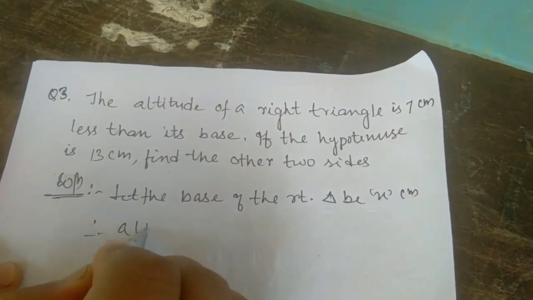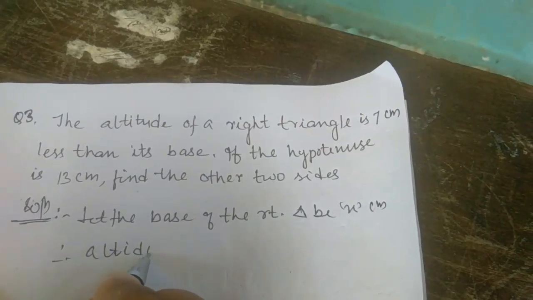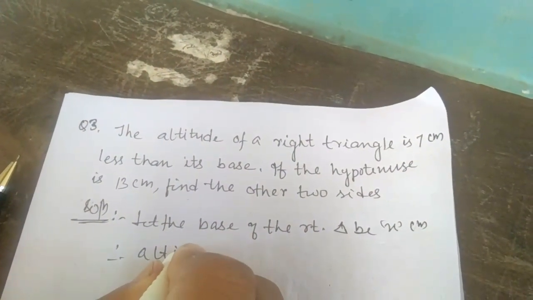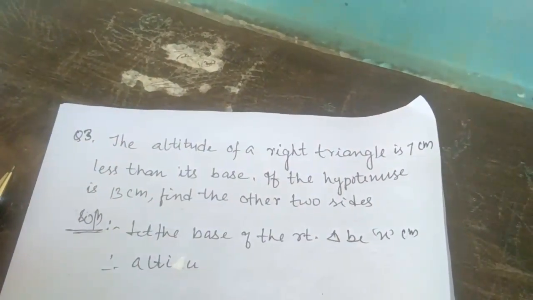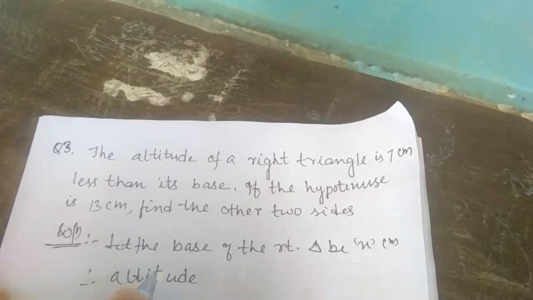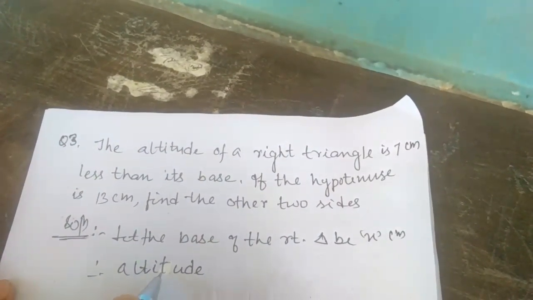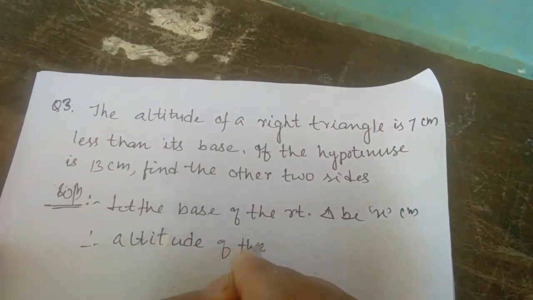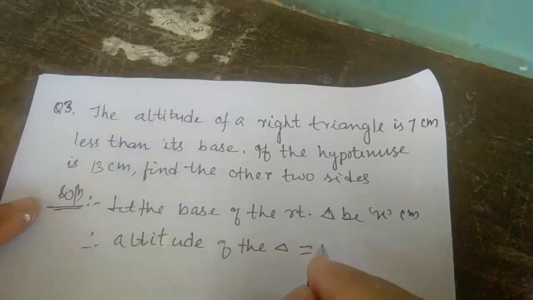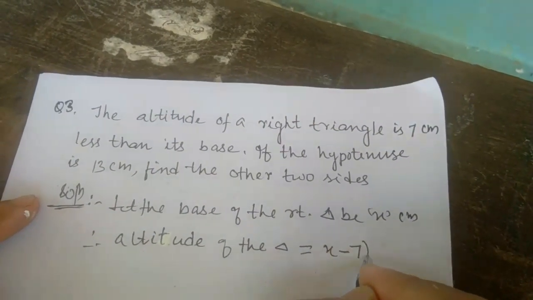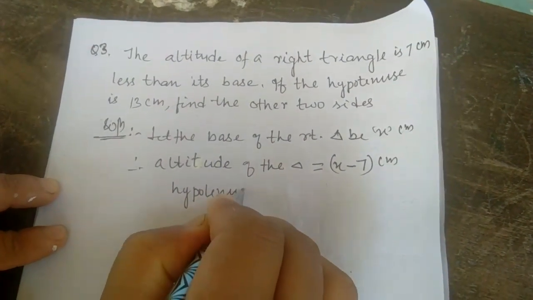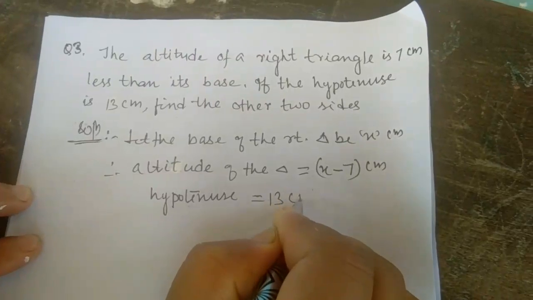Therefore altitude or perpendicular, same meaning, of the triangle is, it is given, 7 centimeter less than its base. Base we have taken x, so altitude will be x minus 7 centimeter. Hypotenuse is given, hypotenuse equal to 13 centimeter.